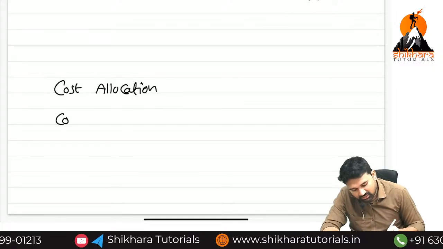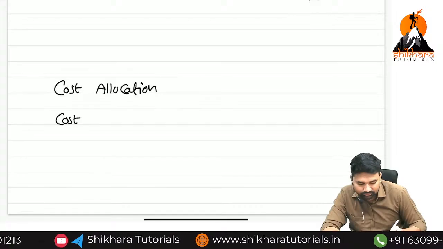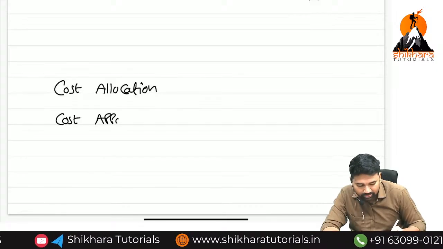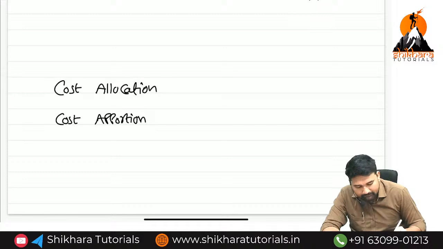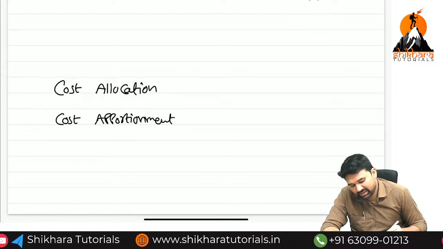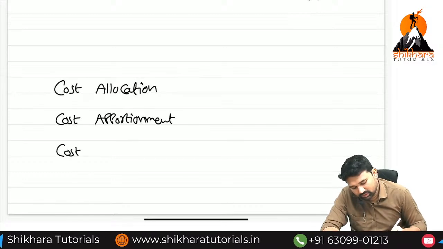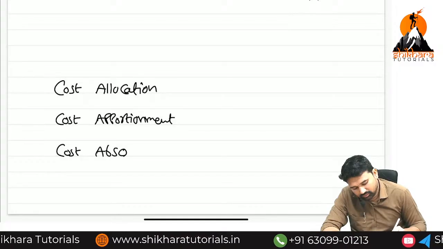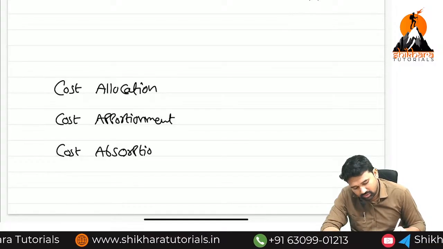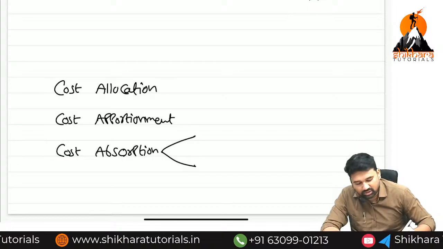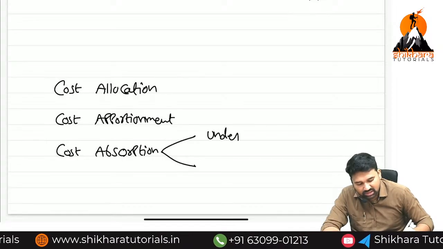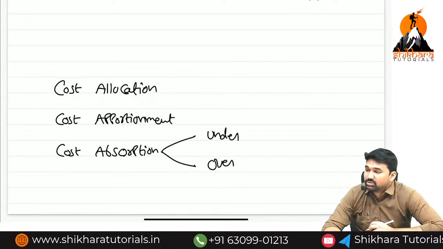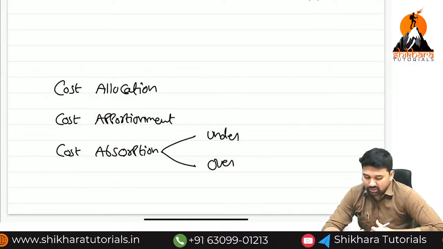Cost allocation, cost apportionment. Next, cost absorption. In cost absorption, two cases: under absorption, over absorption. Have you got the clarity with respect to the given topics?